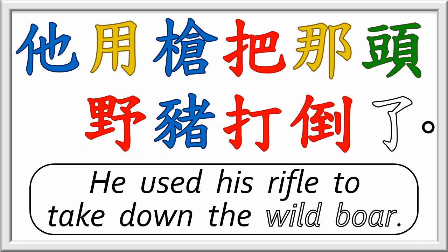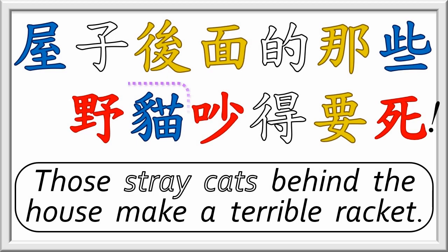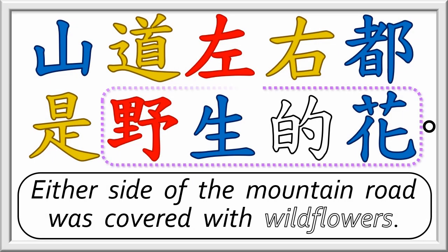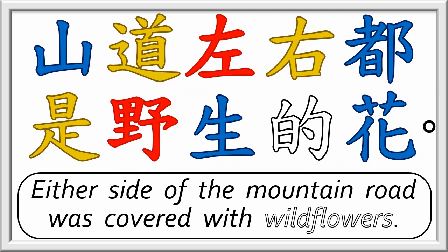He used his rifle to take down the wild boar. 屋子后面的那些野猫吵得要死. Those stray cats behind the house make a terrible racket. 山道左右都是野生的花. Either side of the mountain road was covered with wildflowers.